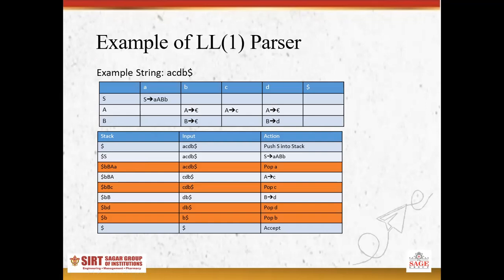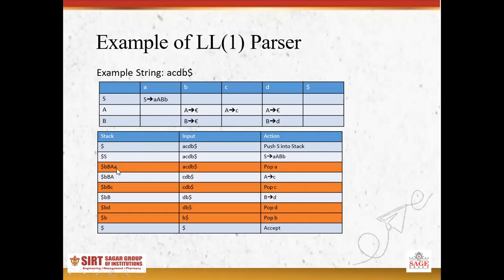Because a stack has only one end, the top. All insertion and deletion are performed from the top of the stack. So when this string is put in the stack, it becomes reverse order. So we put aAB in the place of S.